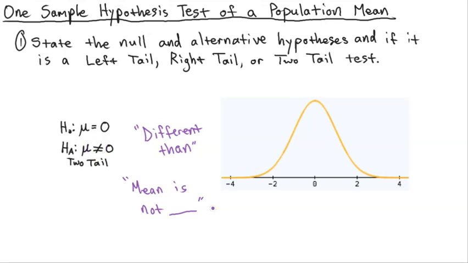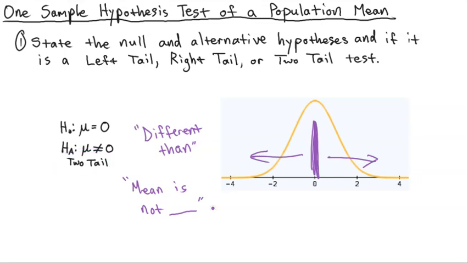And how can it be not equal? Well, if this is the mean right here, we can be not equal to the left and we can be not equal to the right. So either direction would mean we're not equal. That means we can be not equal in the left tail and we can be not equal in the right tail. And that's what makes it a two-tail test.